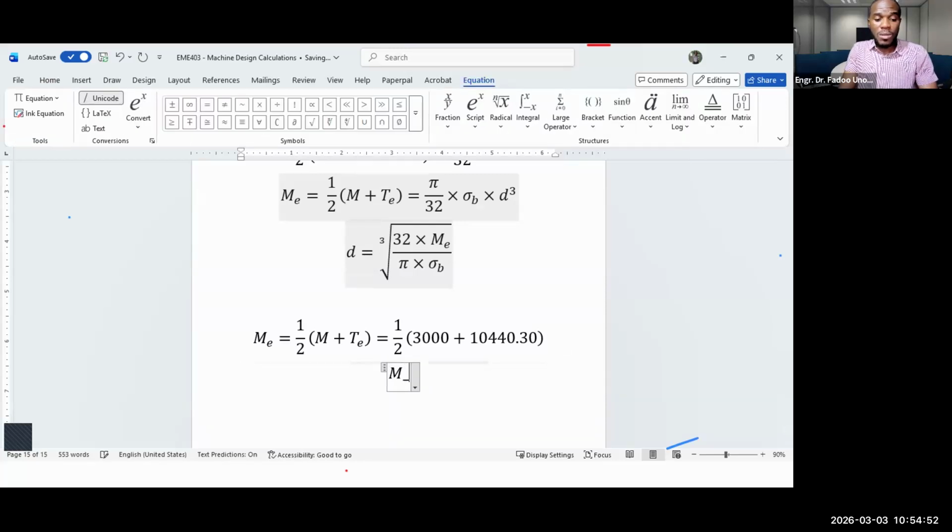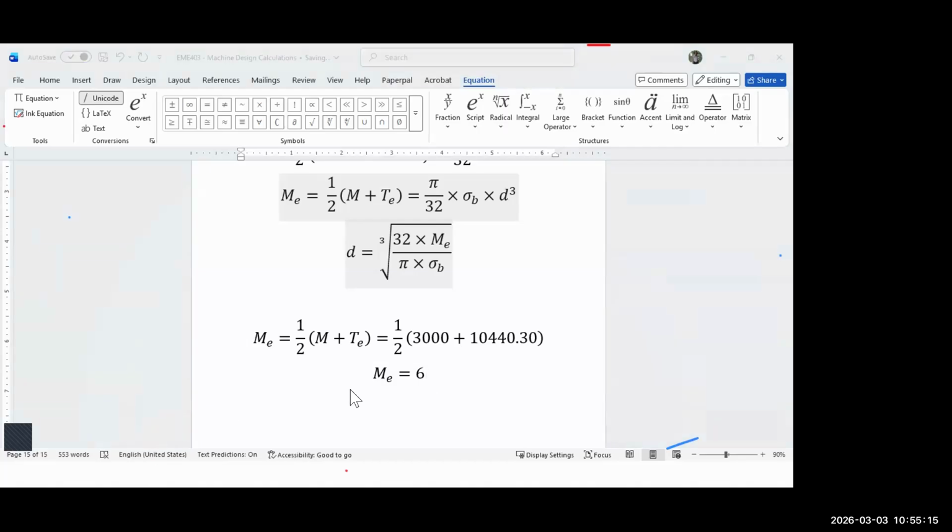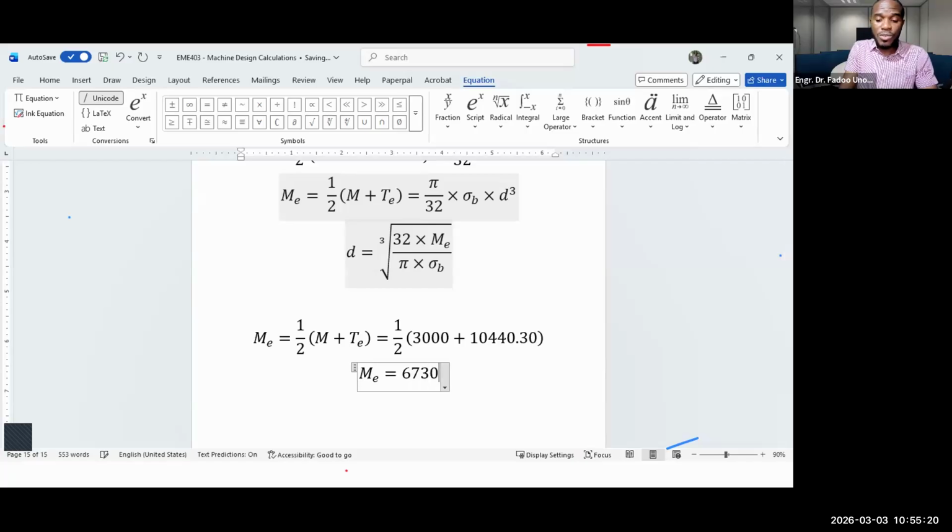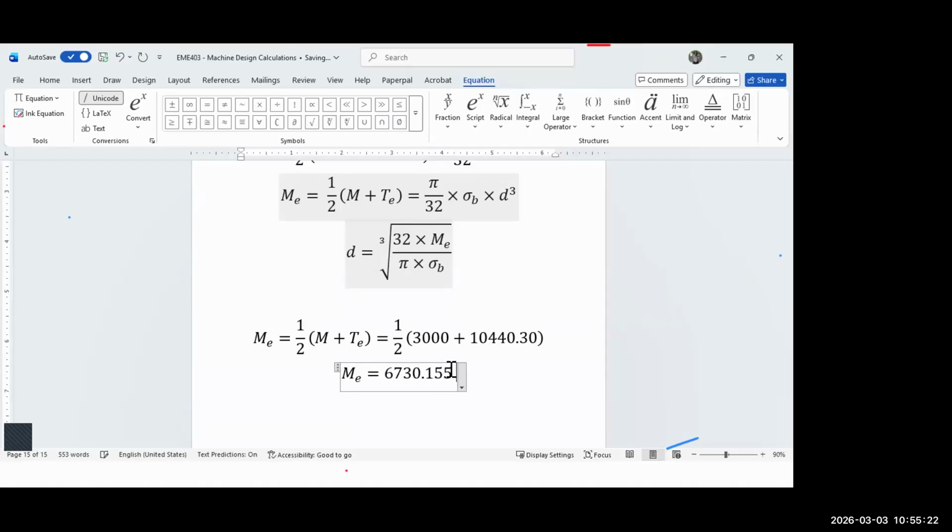Quickly, 3,000 plus that will be 13,440 point, divided by 2. That will be 6... 6 what? My brain is not working this morning. 6,720.155, right?